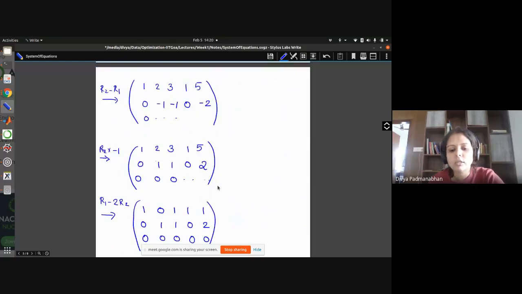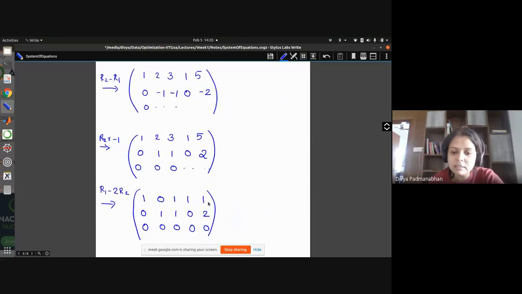So this part was the modified matrix A, and this is B. With this, can somebody tell what the revised set of equations would look like?